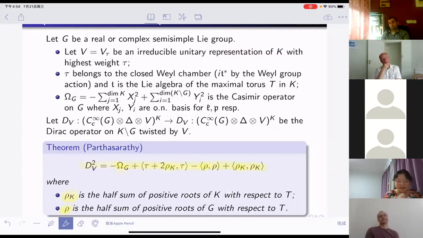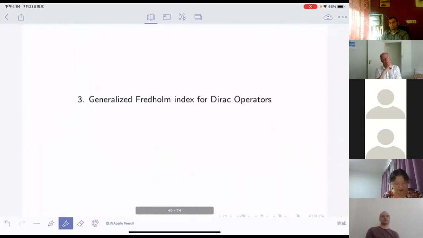The invertibility, as we will see later, is very important because it means that the operator has 0 index in K theory. So we can tell whether a Dirac operator is invertible or not by looking at whether its index in K theory is 0 or not. That is what we are going to say for the next few slides, the so-called generalized Fredholm index for Dirac operators.